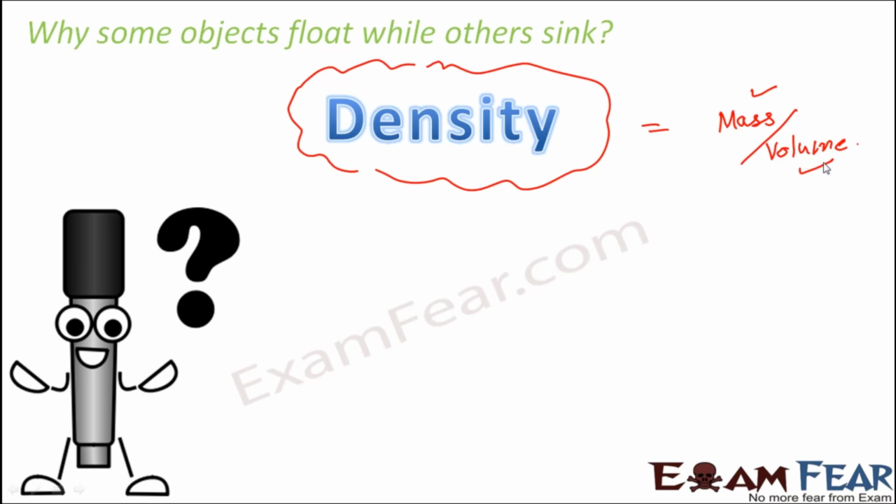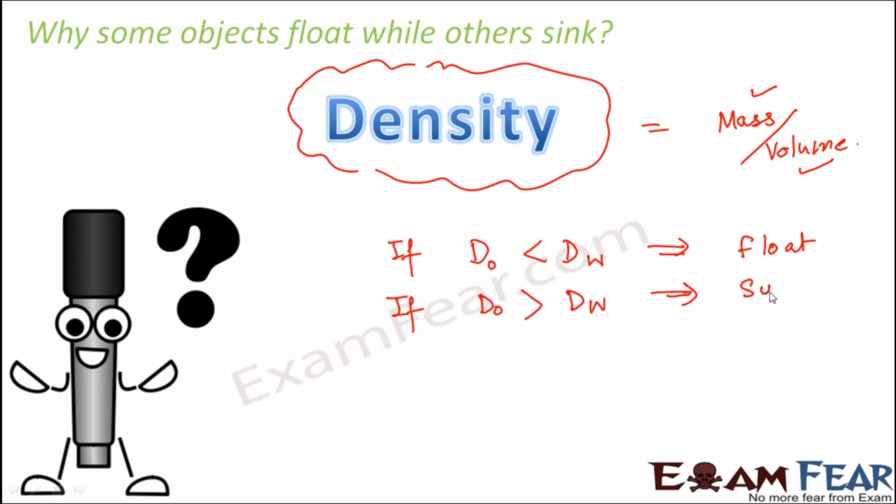If the density of the object is less than the density of water, then the object would float. And if the density of the object is more than the density of water, then the object will sink.